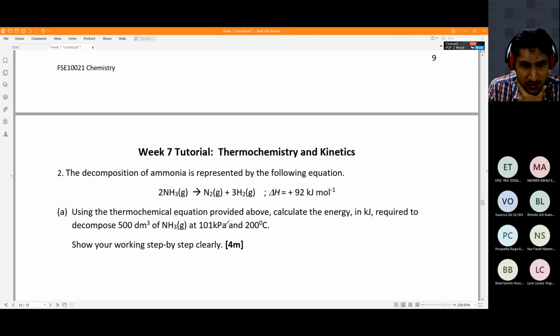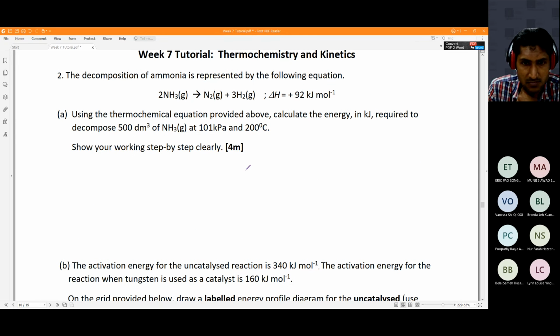So the thermochemical equation provided above, calculate the energy in kilojoule required to decompose 500 decimeter cube of ammonia at 101 kilopascal and 200 degrees centigrade. So we have to draw, and then it is positive, so it will go up, it will not go down, and then this is how.